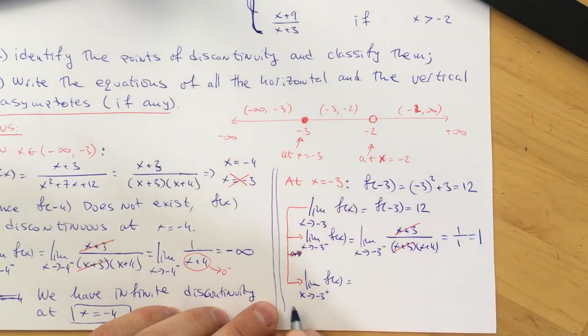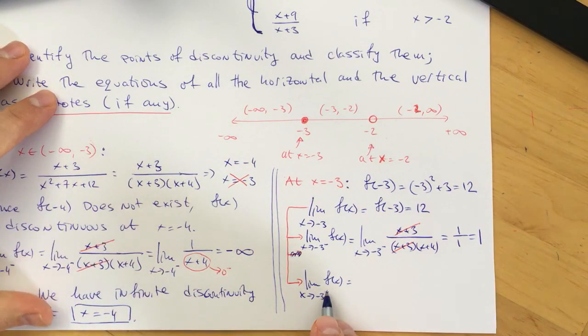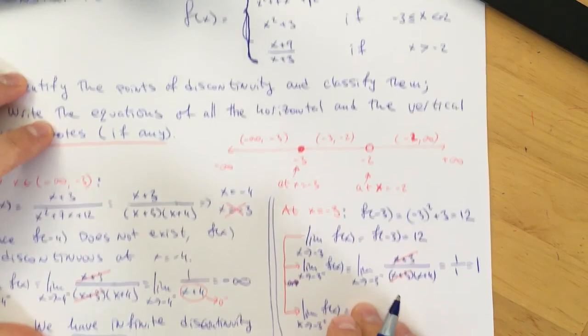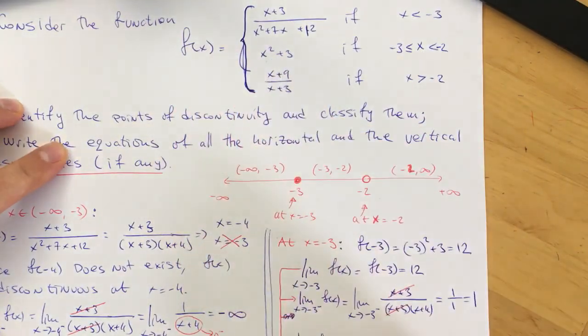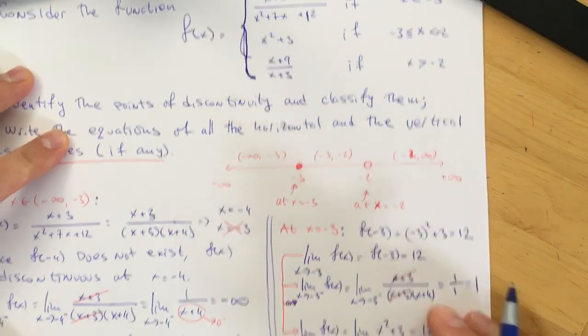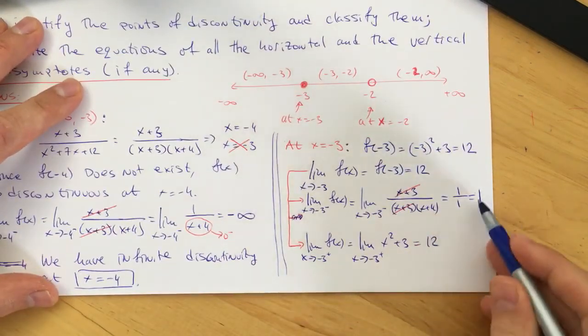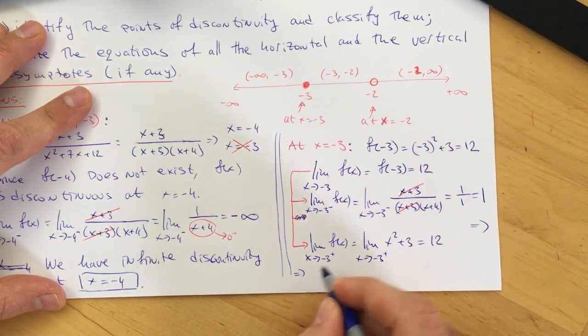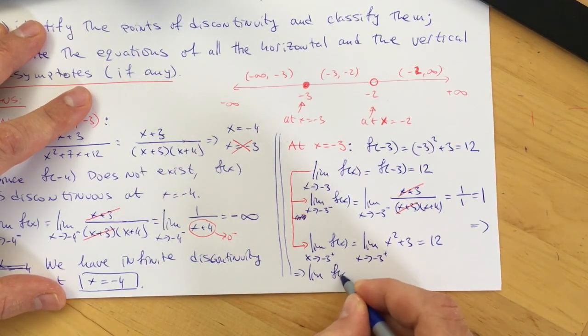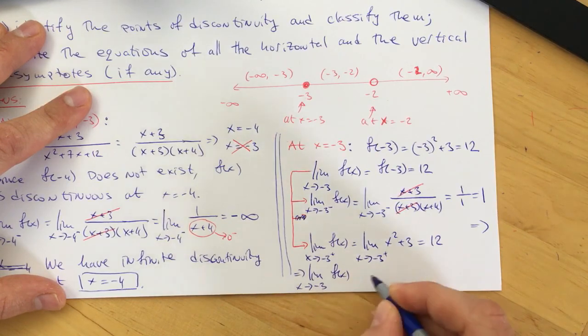Okay, when x approaches negative 3 from the right, that means x is greater than negative 3, so f of x becomes x squared plus 3, so that's the limit as x approaches negative 3 from the right of x squared plus 3, which is equal to 12. And since these two limits are not the same, this implies that the limit of f of x as x approaches negative 3 does not exist.